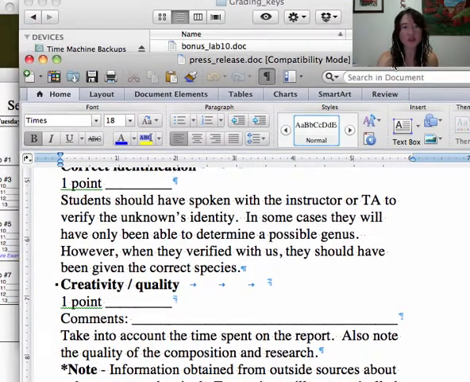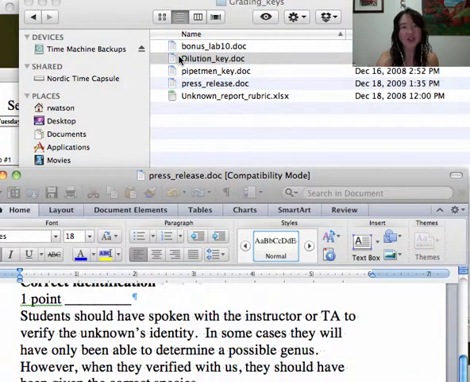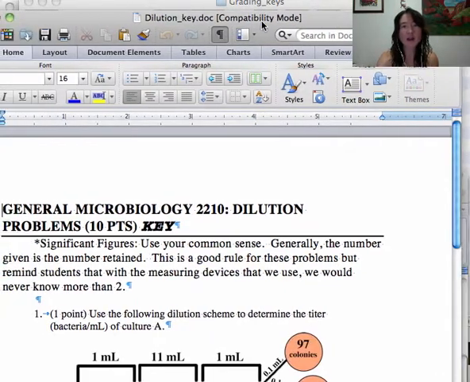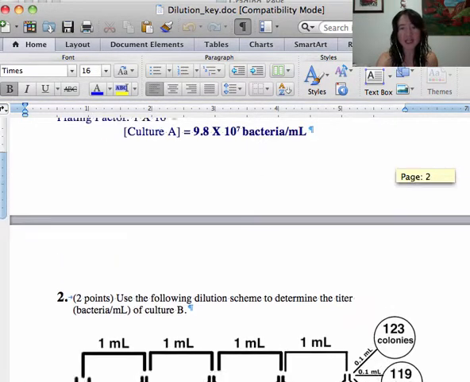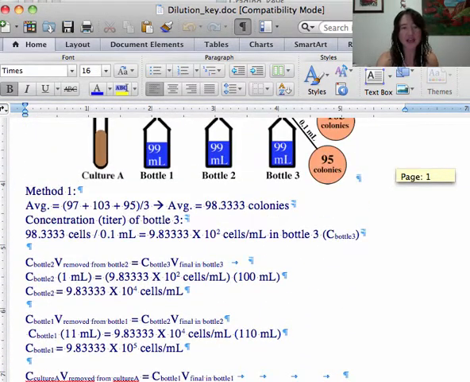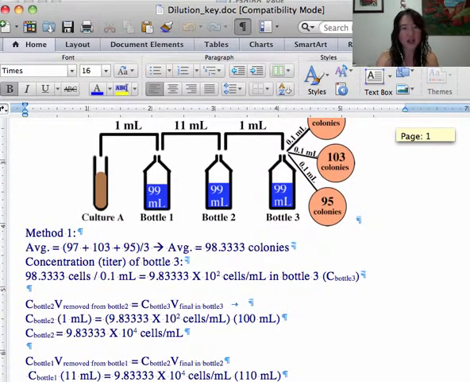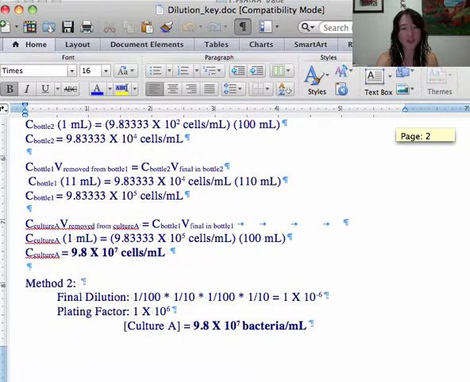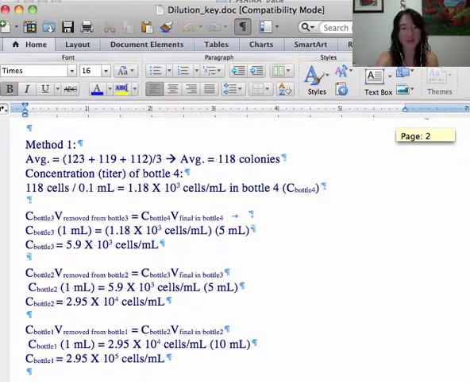The key for the dilution problems is similar, only it gives you all of the math on that. So I'm just pulling this up as well, but I did want to make a note on dilution problem grading. Sometimes what happens with this is that TAs will look at the methods that I have put forward to answer some of the questions, and maybe not think about the fact that certain of these questions could be answered in more than one way.